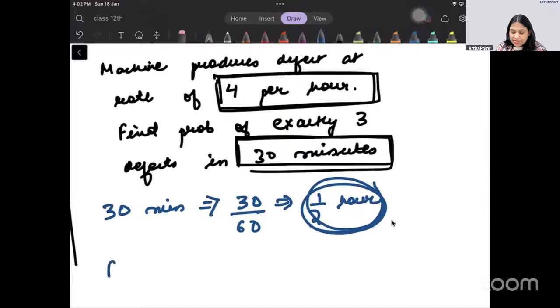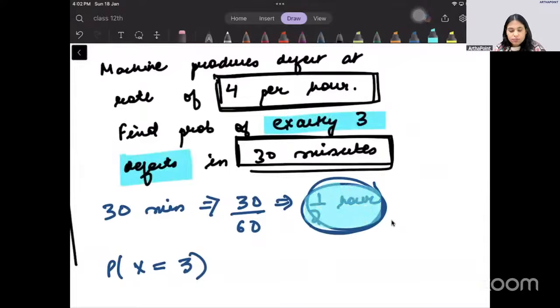So probability is asking, I want to check for exactly 3 defects in half hour. So it will be e to the power minus lambda, lambda to the power x by x factorial.